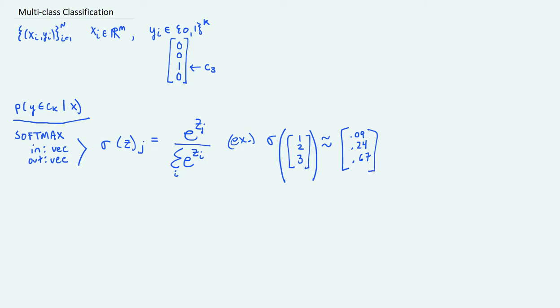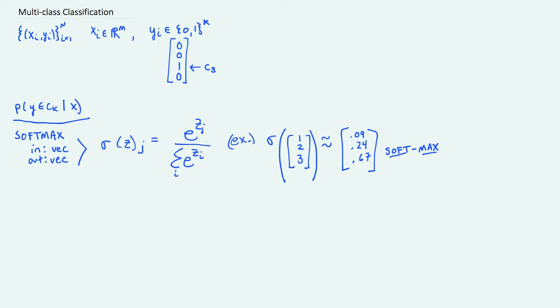So you'll notice that what that did is it took our largest elements and it blew them up, it magnified them even more. And that's where it gets its name from. It gets its name from taking the maximum element, indicating what the maximum element is. So it's called a soft max. And in the limit, the maximum element becomes 1.